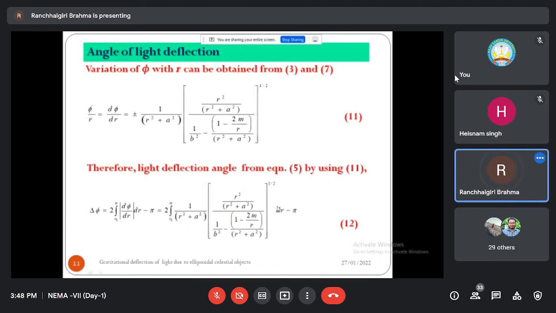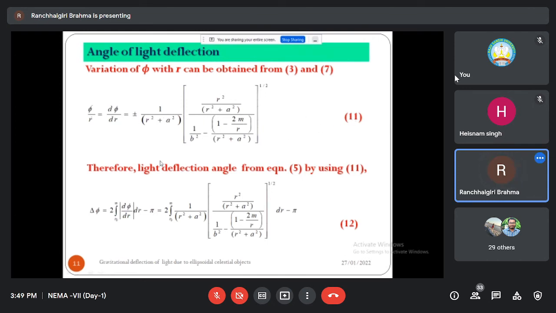And then, what is the angle of deflection? The angle of deflection can be represented by the variation of the phi coordinate with respect to r, and this can be obtained from equations 3 and 7 and expressed as equation 11.